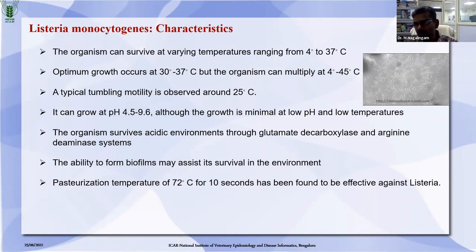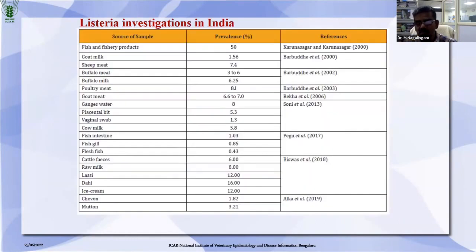Another important property is that it is able to form biofilms, which is again important in terms of its protection within the cells of the body, making it not amenable to antibiotic treatments. It will hide within the biofilms, and because of that, treatment becomes difficult. Pasteurization temperature is of course effective against Listeria, whereas if it is inside macrophages and other cells, there might be a possibility of missing it out.